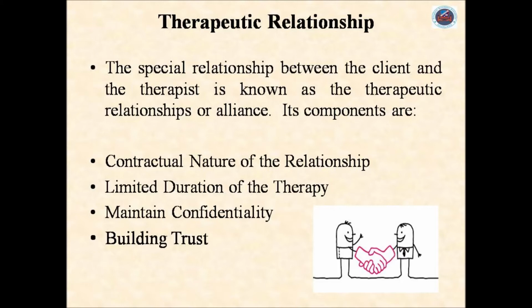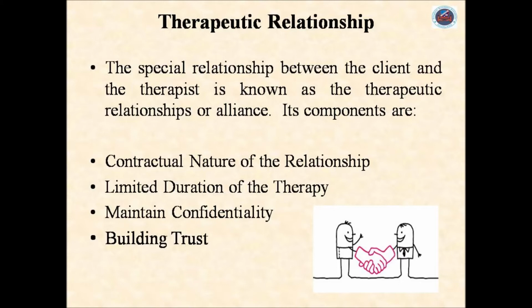Then the second one is the limited duration of therapy. The duration of therapy refers to how long it can be, like how many days, weeks, months, or even years a client should be treated, following the manual method for any given problem. Then the third one is maintaining confidentiality.